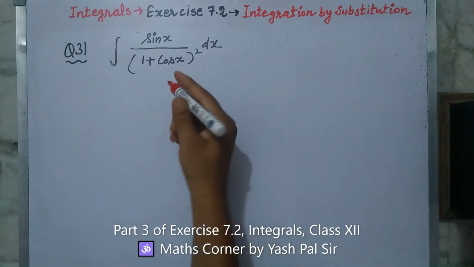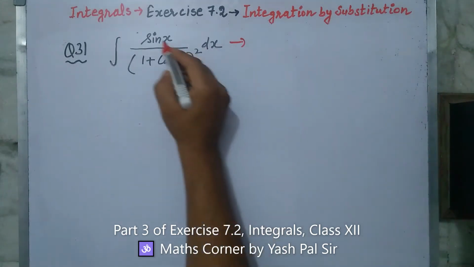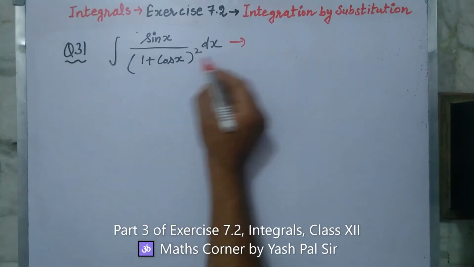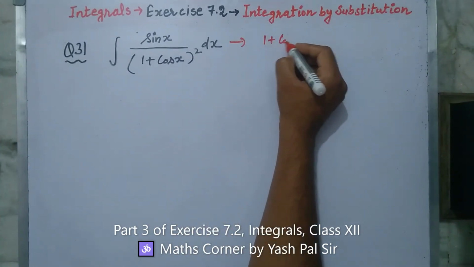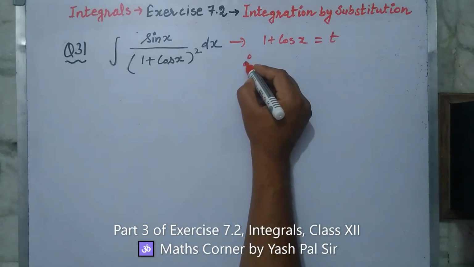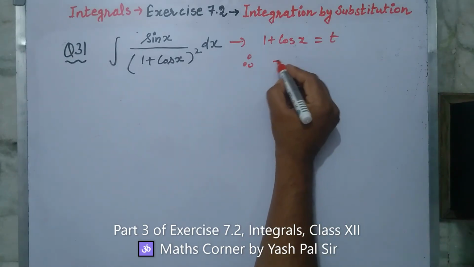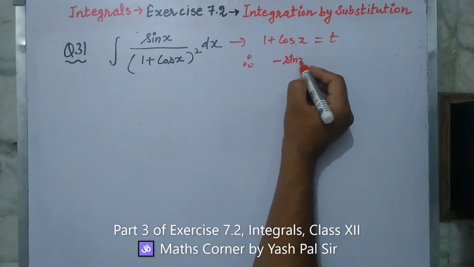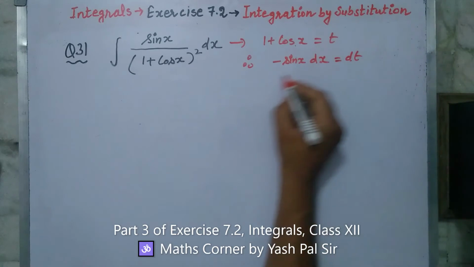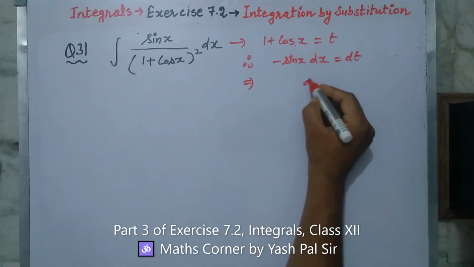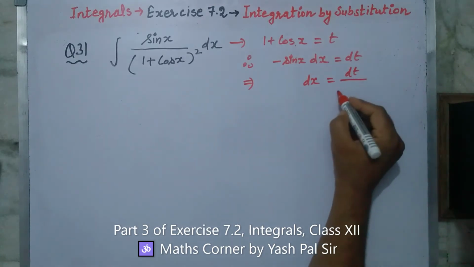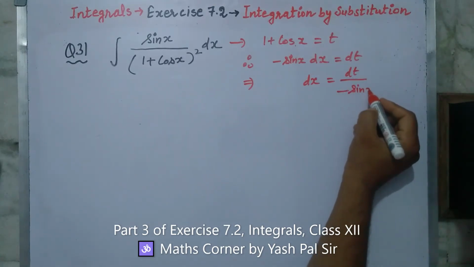Question number 31 is also the same. Here we have sin x upon (1 plus cos x) whole square. Take the denominator 1 plus cos x equal to t. Differentiating, minus sin x dx is equal to dt, meaning dx is equal to dt upon minus sin x.